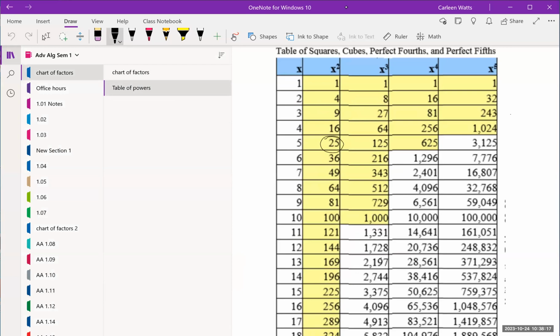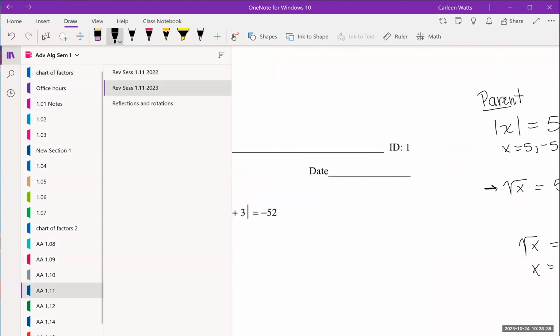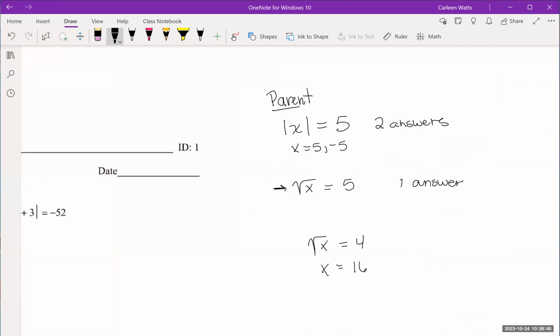The square root of 25. Do we see it? The square root of 25 equals 5. So x would be equal to 25, 1 answer.